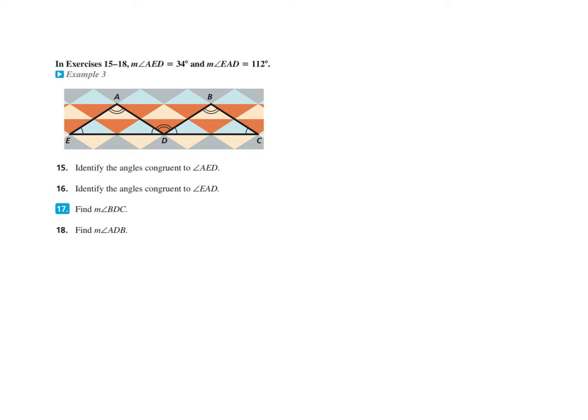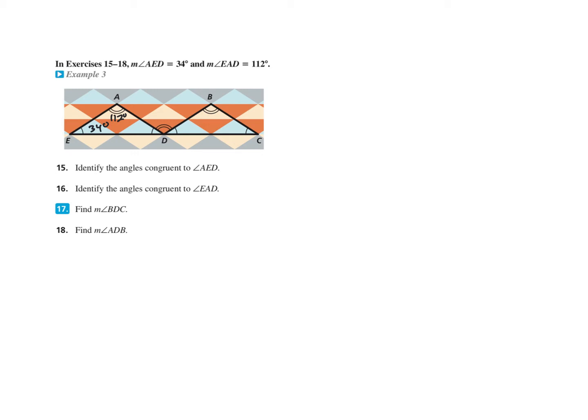All right, now we have a picture. AED is 34 degrees. So this is, excuse me, AED, not what I just put on there. AED is 34 degrees. EAD is 112 degrees. So let's answer the questions. So 15, identify the angles congruent to AED.